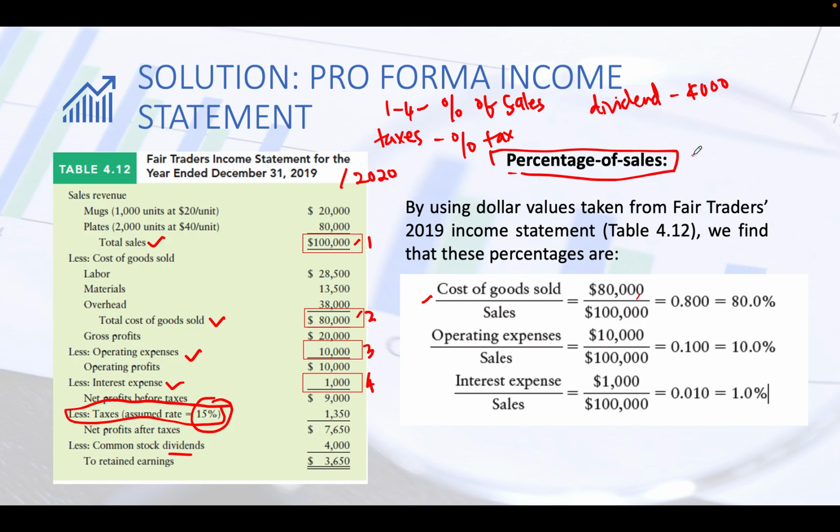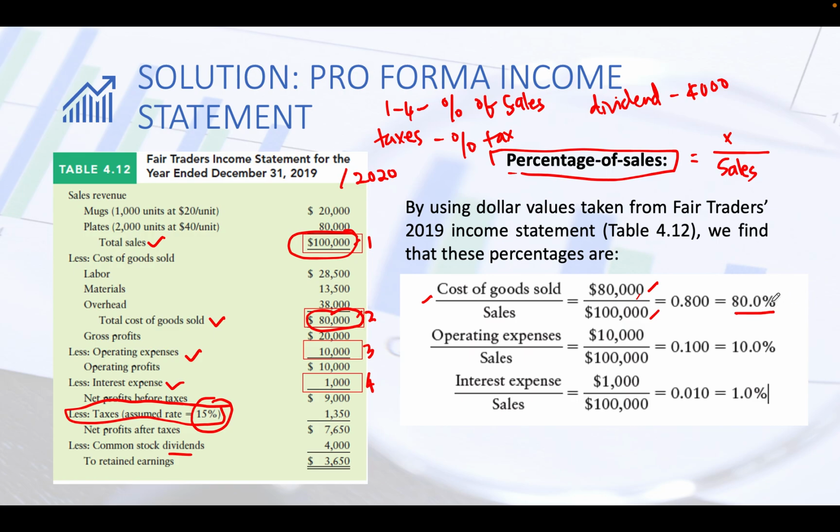Percentage of sales ni maksudnya apa dia punya items bahagi dengan sales. Kita nak tahu berapa percentage nilai X ni berbanding dengan sales. So, COGS amount ni bahagi dengan amount sales, dapat 0.8. 0.8 is actually equal to 80%.